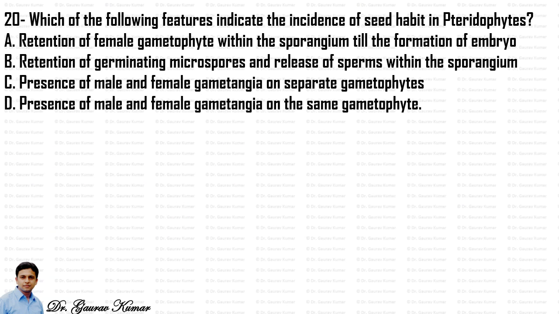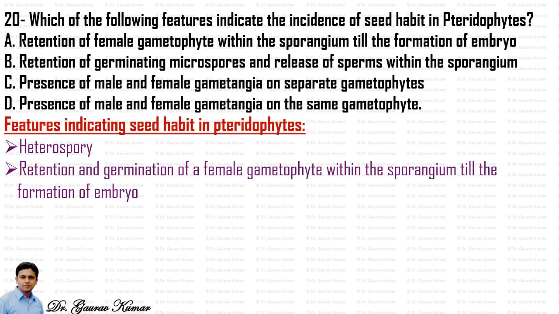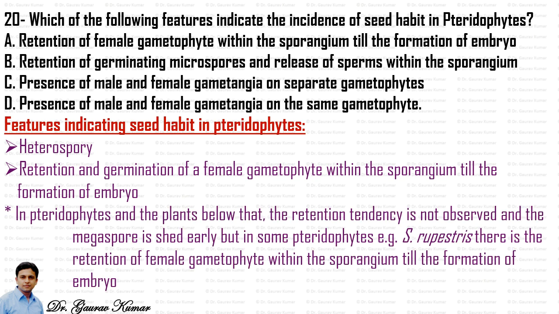Next question is, which of the following features indicates the incidence of seed habit in pteridophytes? Now there are some features that indicate seed habit in pteridophytes, out of which heterospory is one, and another one is retention and germination of the female gametophyte within the sporangium till the formation of the embryo. In pteridophytes and the plants below that, that is the bryophytes etc., the retention tendency is not observed and the megaspore is shed early.